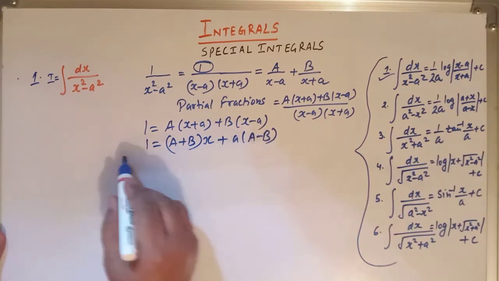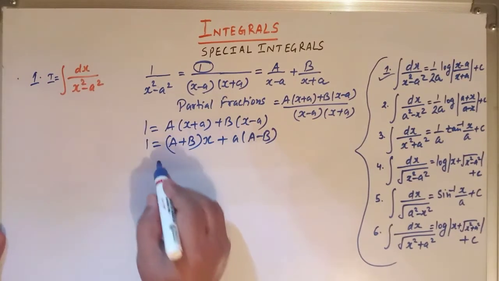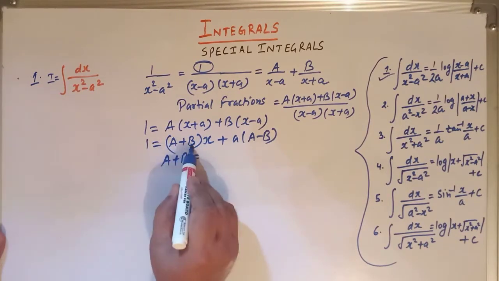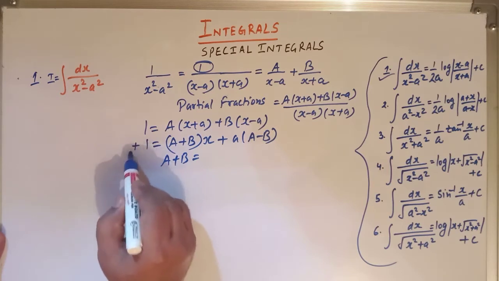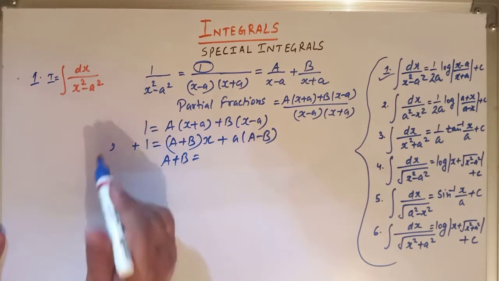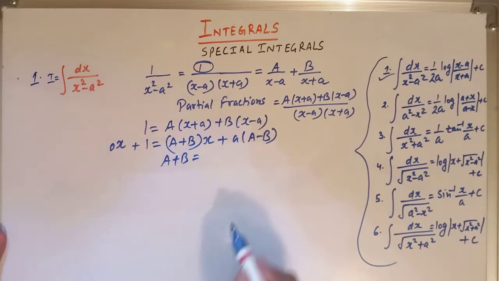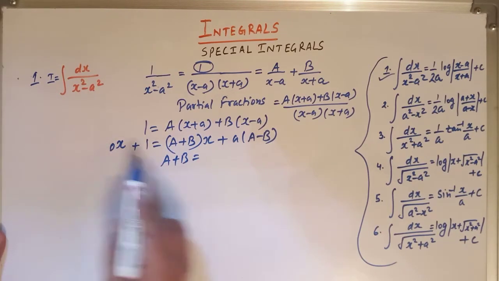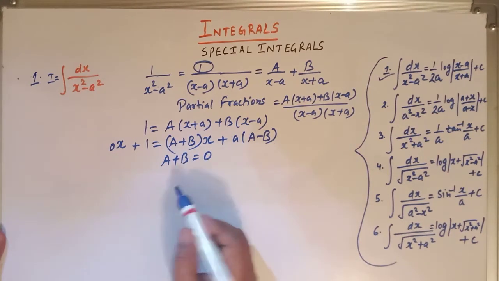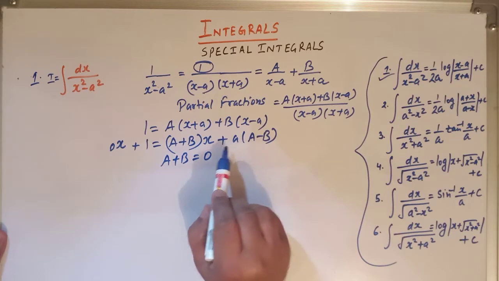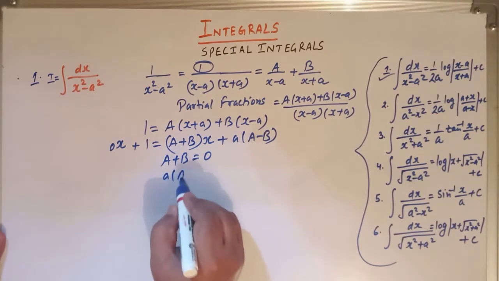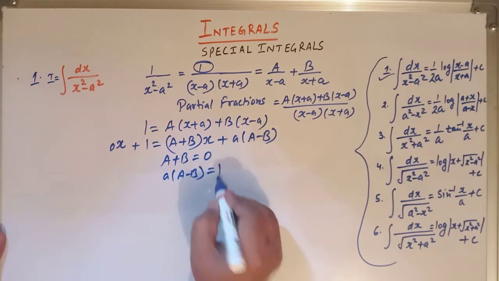Clear? Now if I compare both the sides, we see that the coefficient of x is A plus B here, and the coefficient of x on the other side is 0. It is 0x. So A plus B is 0, and the constant term, a times (A minus B), is equal to 1.